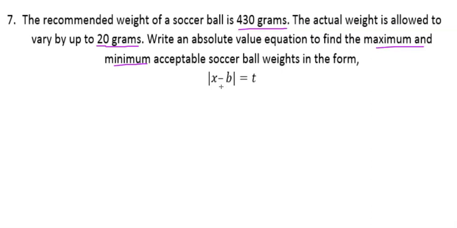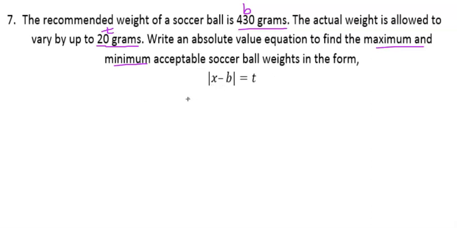So if you remember from your notes, b is representing the midpoint, the actual recommended weight in this case. So that's 430. T stands for tolerance. That's how much you can either add or subtract to that recommended weight for it to still be considered acceptable.